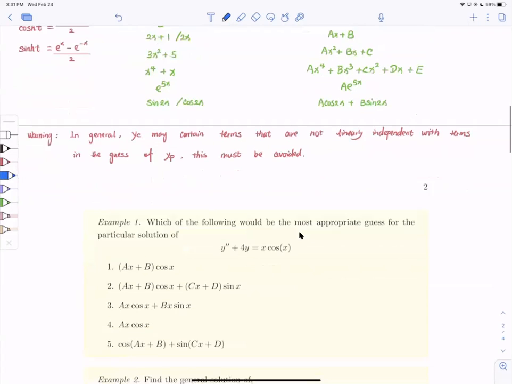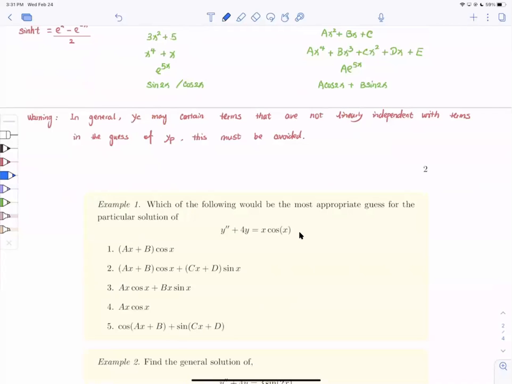So if you see that, you need to adjust the method.